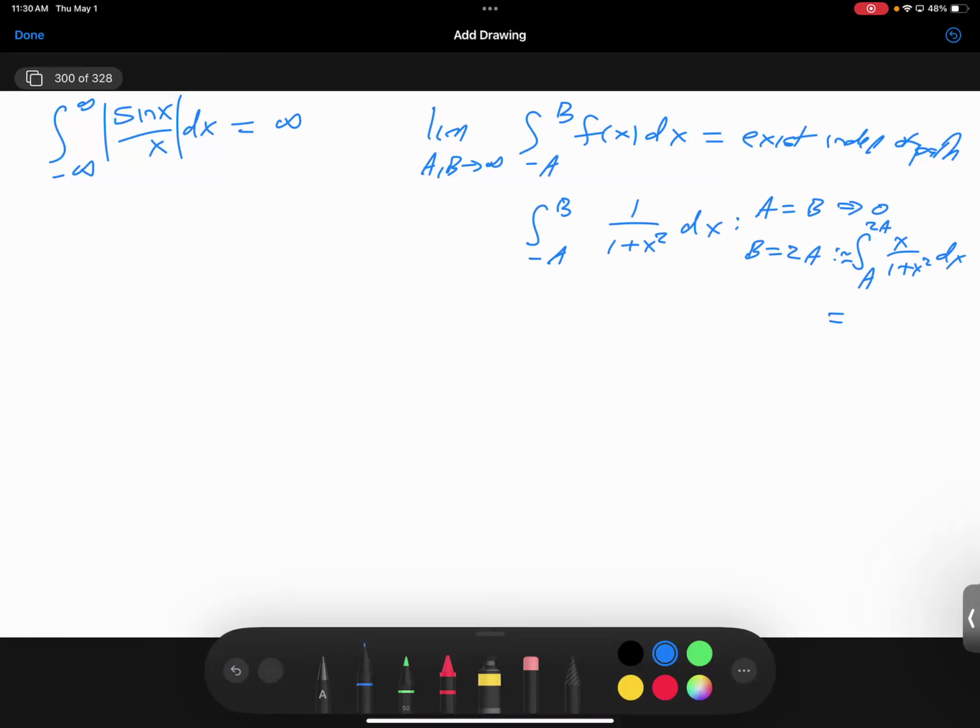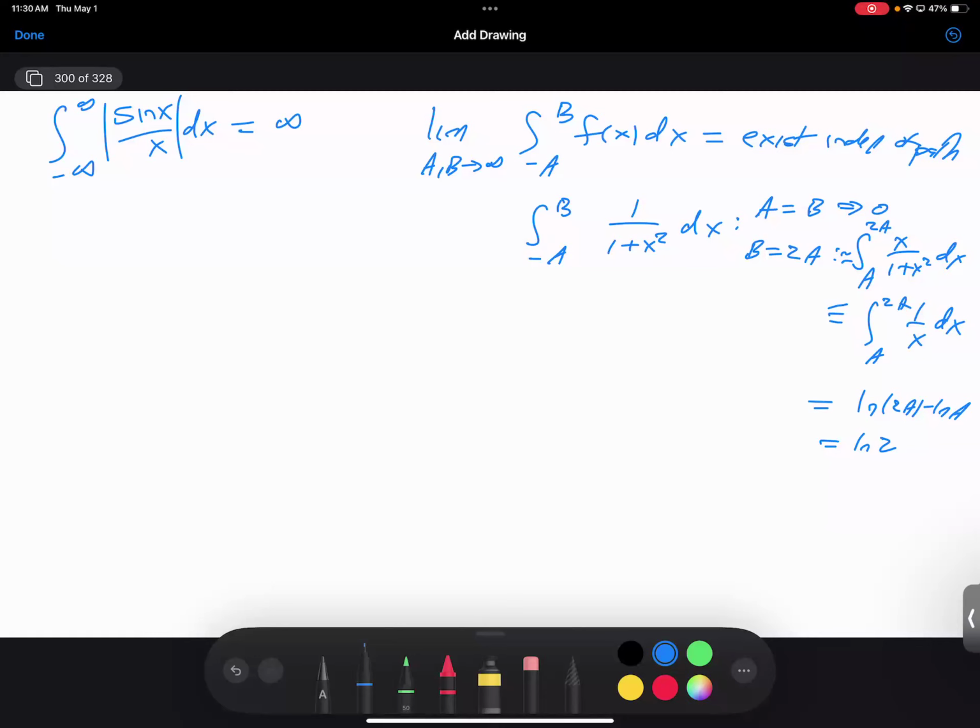That's basically just the integral from a to 2a of 1 over x dx. So that's just the natural log of 2a minus the natural log of a, which is the natural log of 2. And by arguing similarly, I could make it natural log of 3, natural log of 4, whatever. So the limit depends on how we get there.